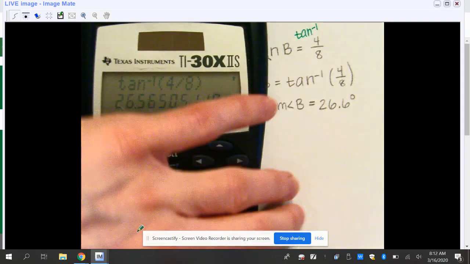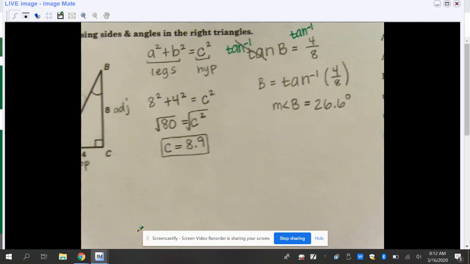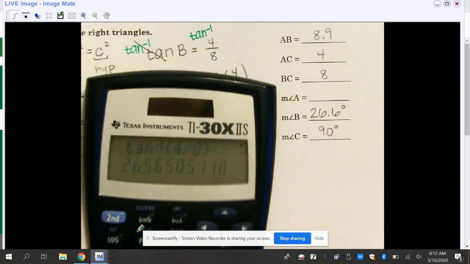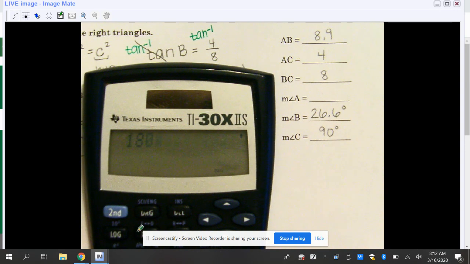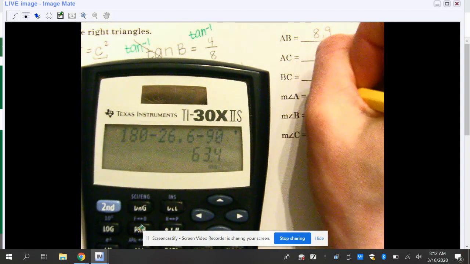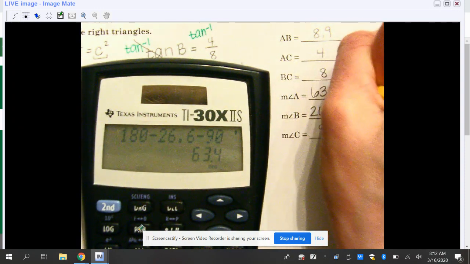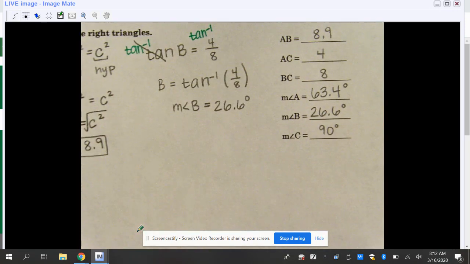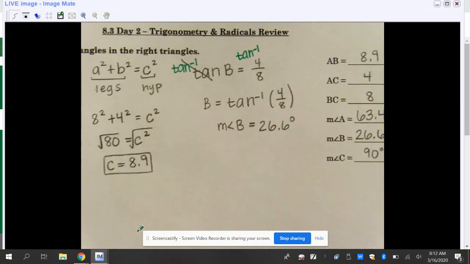And now the good thing about this is once we've got one of those two acute angles, we can say, all right, if I know 2 out of these 3 angles, I can just take 180 minus 26.6 minus 90, and I get 63.4 degrees. And so that found all these missing measures here.